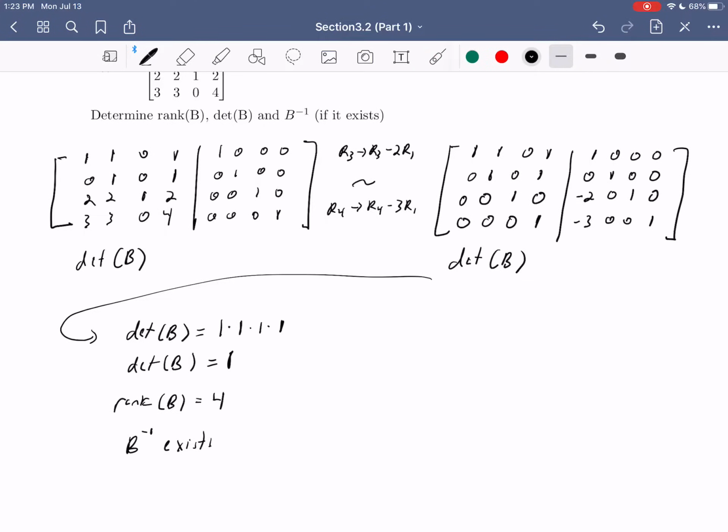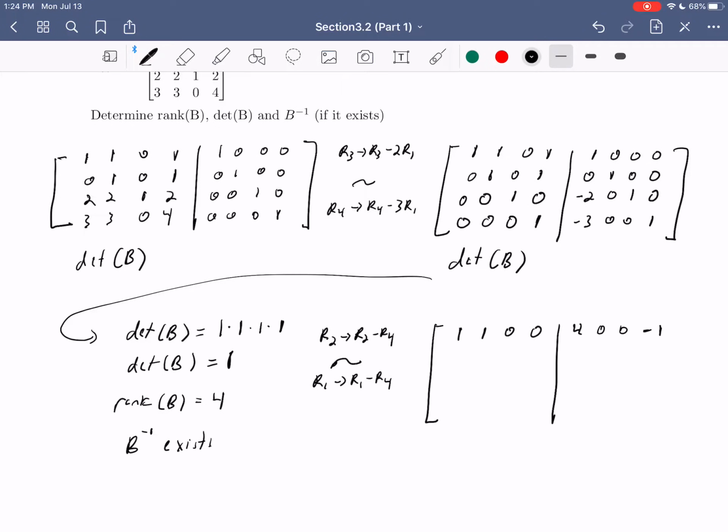So let's go ahead and do R2 replaced with R2 minus R4, and R1 replaced with R1 minus R4. So we get 1, 1, 0, 0, and then looks like we get 4, 0, 0, minus 1.